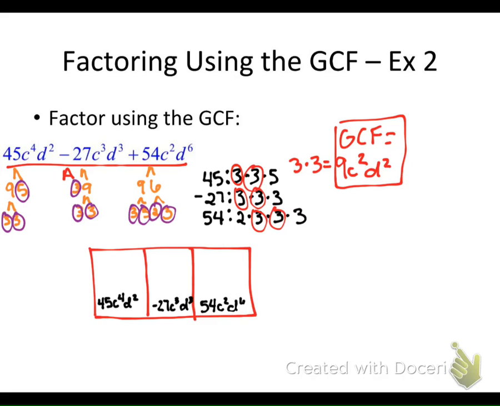All right, where am I going to plug this in at? Where does it go? On the left side. Very good. 9c squared d squared. And now we can solve for our width. So I have 9c squared d squared times blank equals 45.